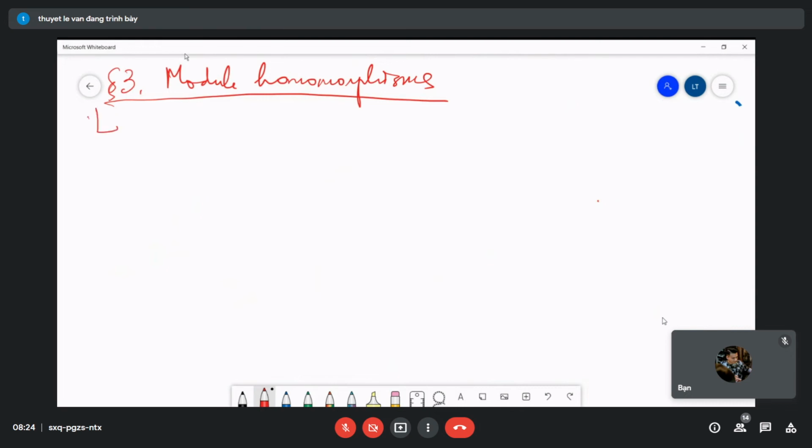Now let's you have M_R and then N_R, two right R-modules.